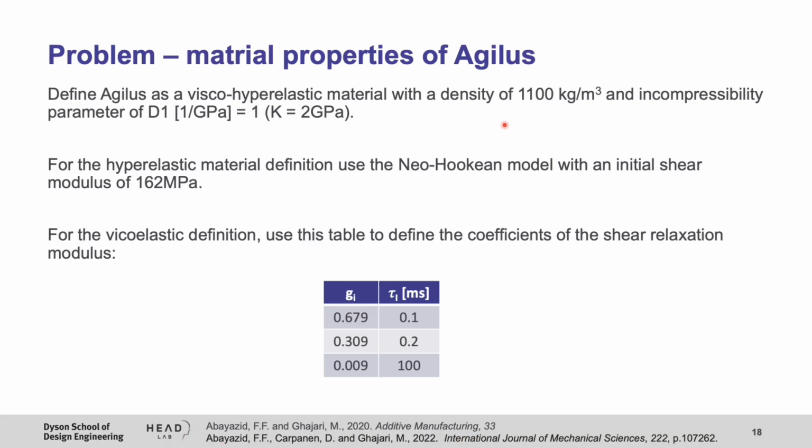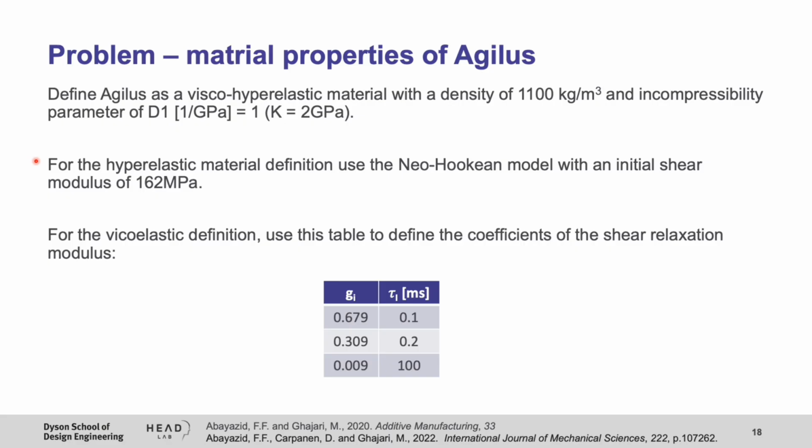So you need to use the density and the incompressibility parameter. This parameter is usually defined within the hyperelastic material model. I recommend for this problem, make it simple, and we use the neo-Hookean material model. It's one type of hyperelastic material model with an initial shear modulus of 162 megapascals. Actually Agilis is quite viscoelastic, and its shear modulus at very high rates is quite high.